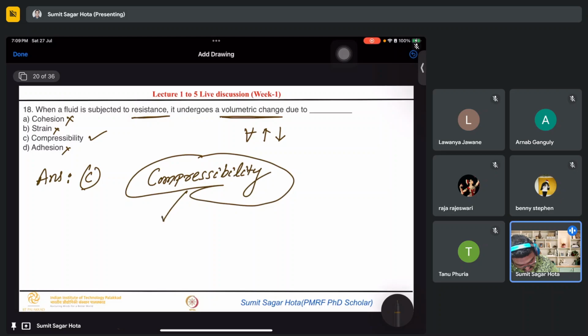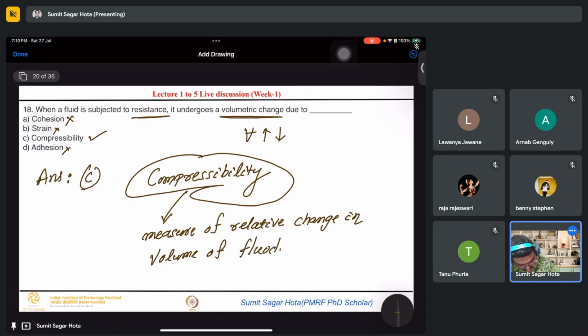So this measures the relative change in volume of fluid. Okay.